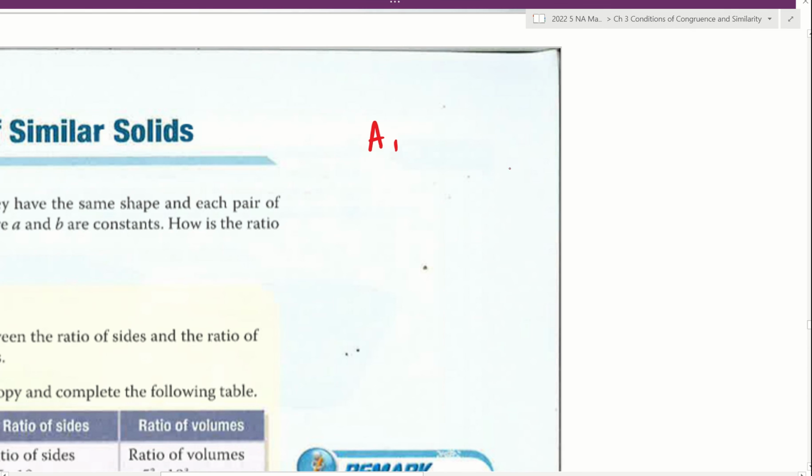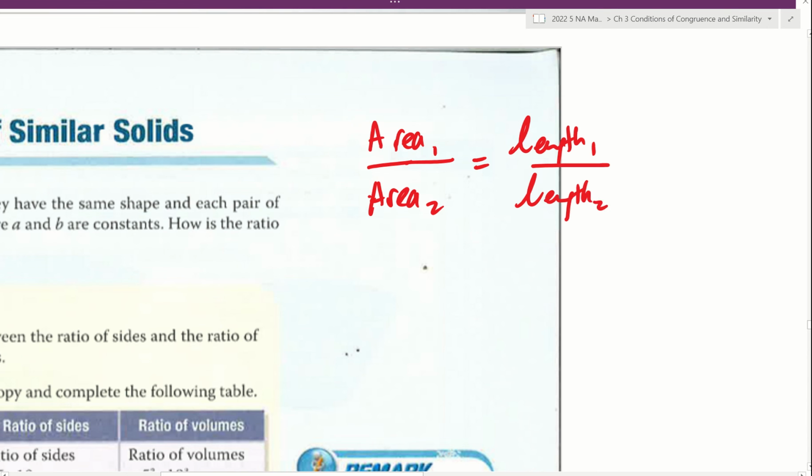Area 1 over area 2 is the same as length 1 over length 2, but we had to square it. Correct? This is a summary of what we have done for similar shapes.